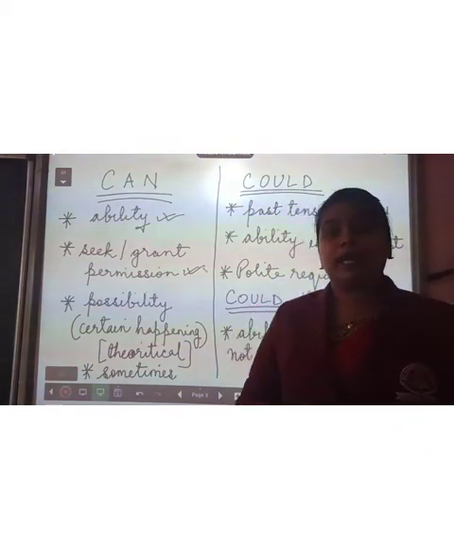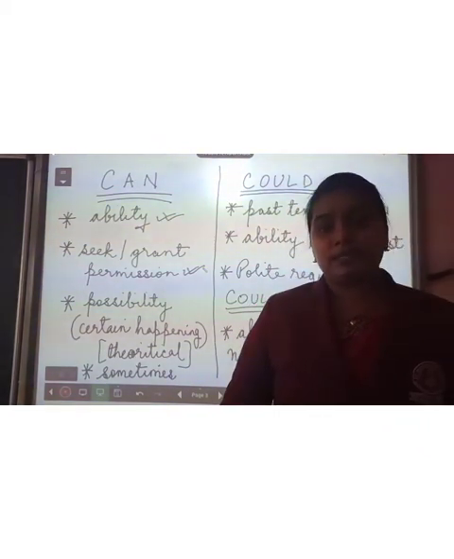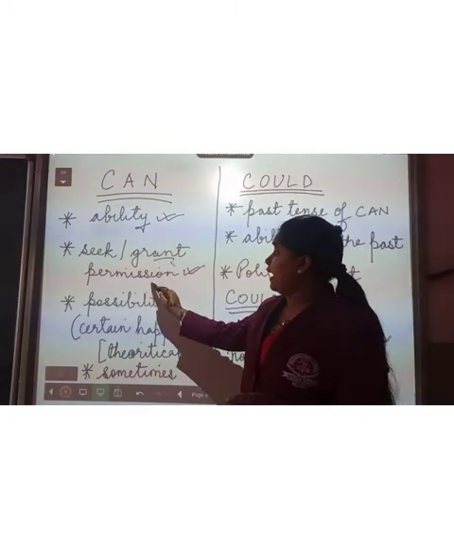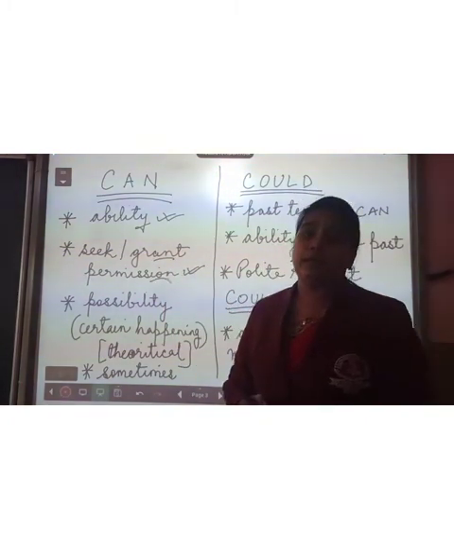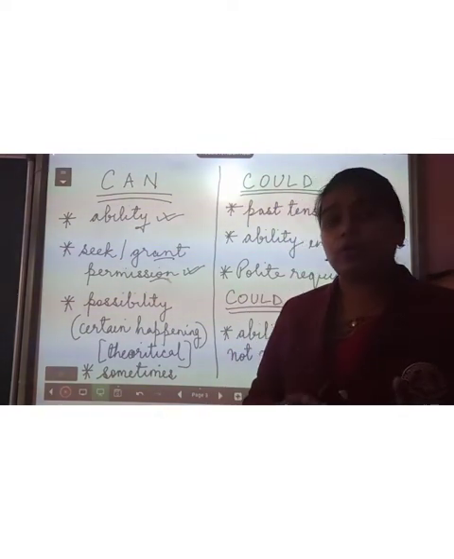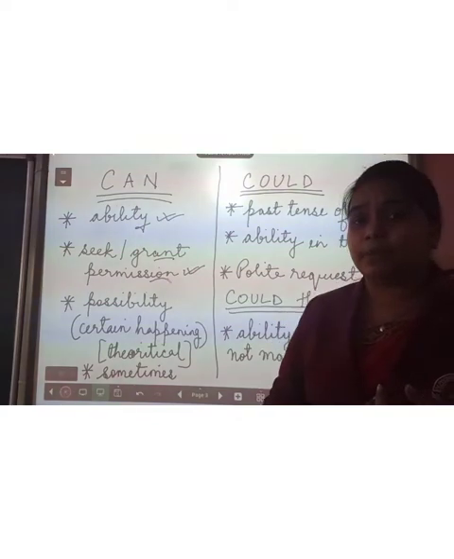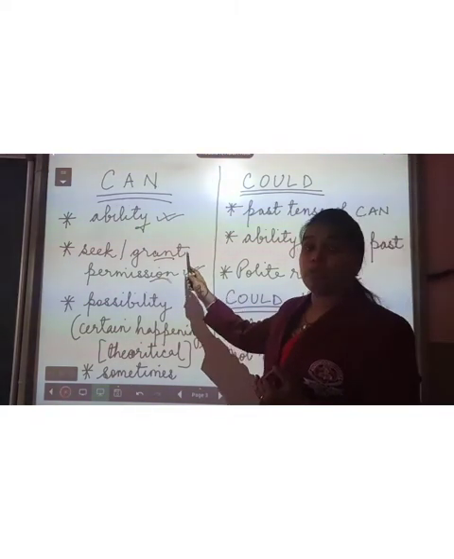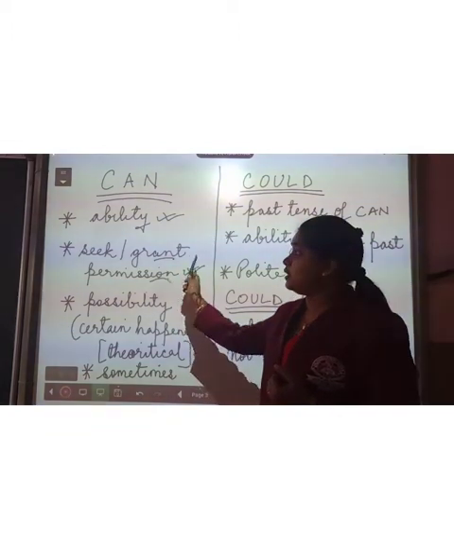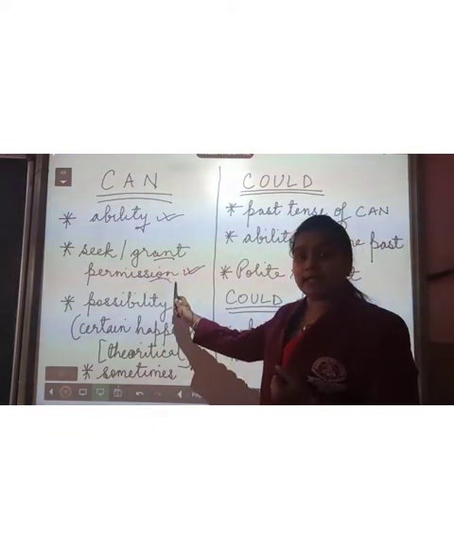Can I go out of the class? Or also to grant permission: you can go out and play. So I am not only seeking but also granting permission with the help of the modal verb can. This is how we use the modal can in sentences.